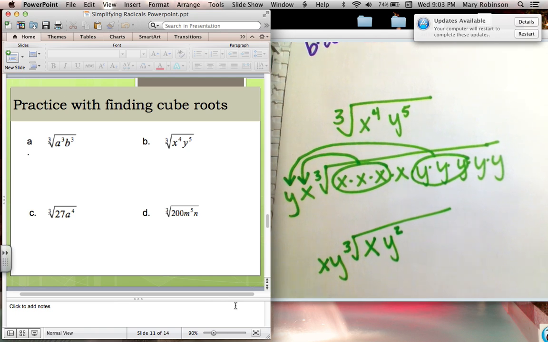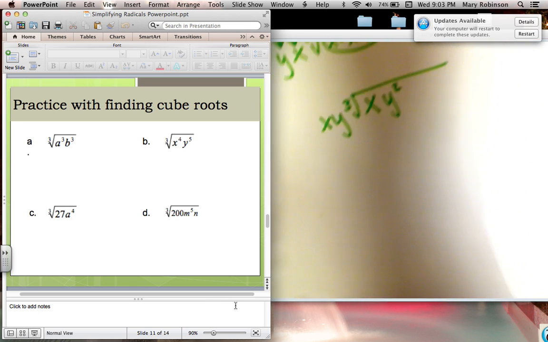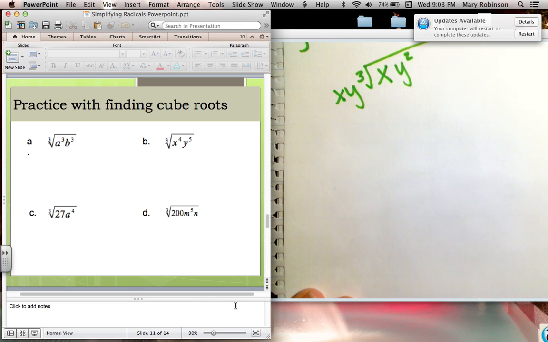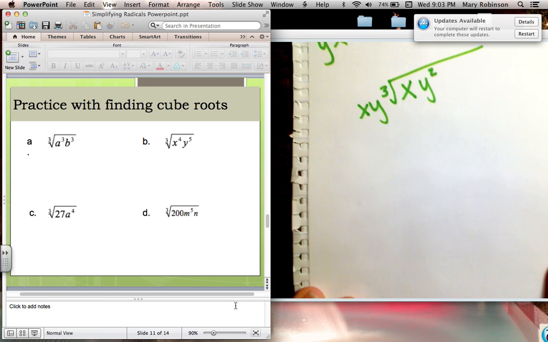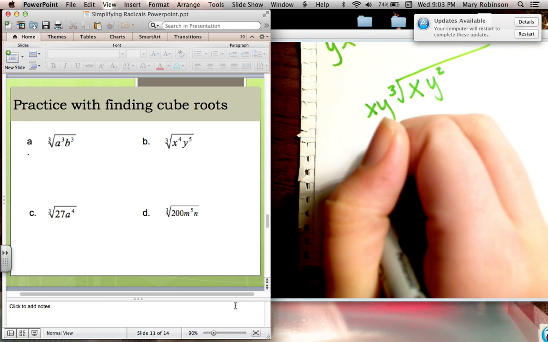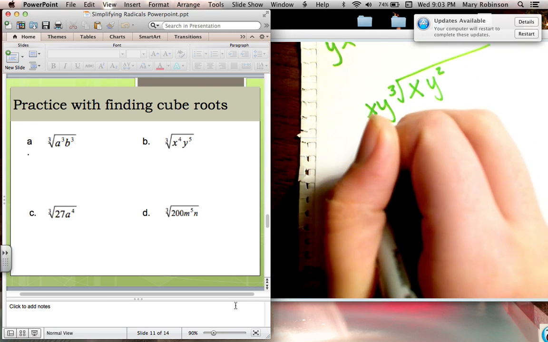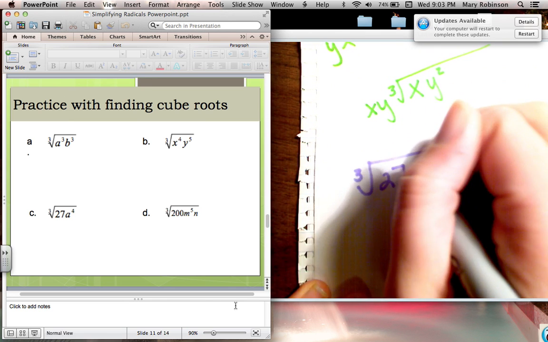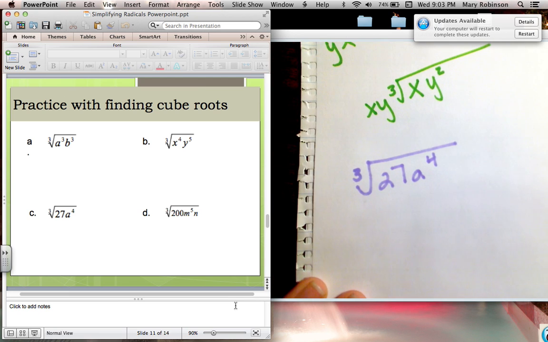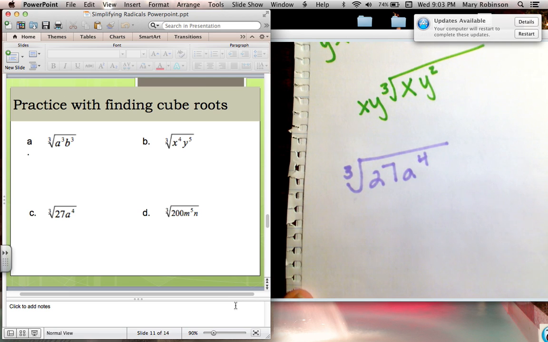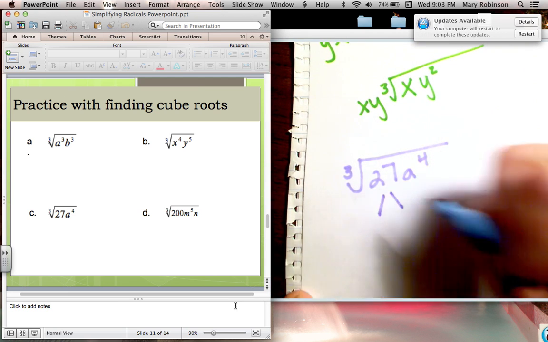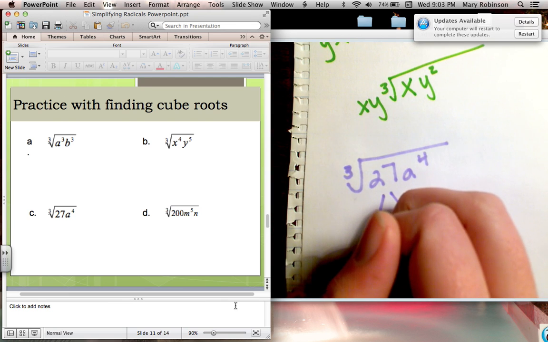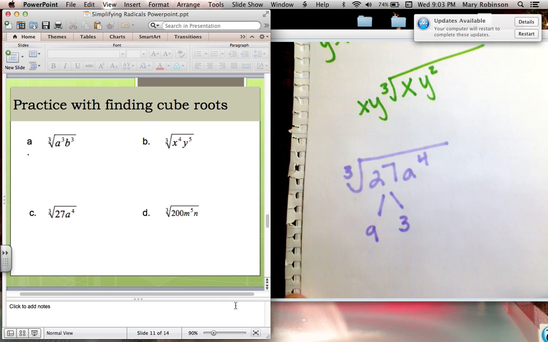So for C, make sure you're getting all this in your notes. You have the cube root of 27 a to the fourth. So when I break down 27, I get 9 times 3. 3 is a prime number, so I'm going to underline it.